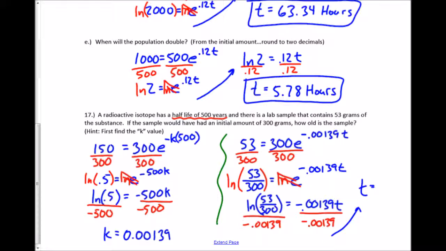So I plug it in, find out t equals about 1,247.1. And again, that's in years this time. And it's in years, and that's essentially why I've found this k value. This gives me the k per year. Okay, it gives me that value in a time that makes sense.